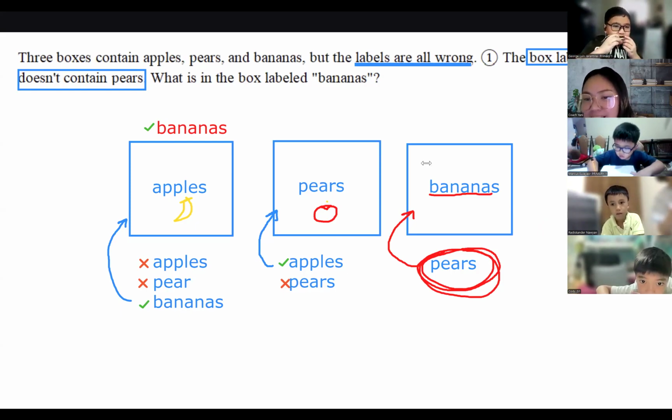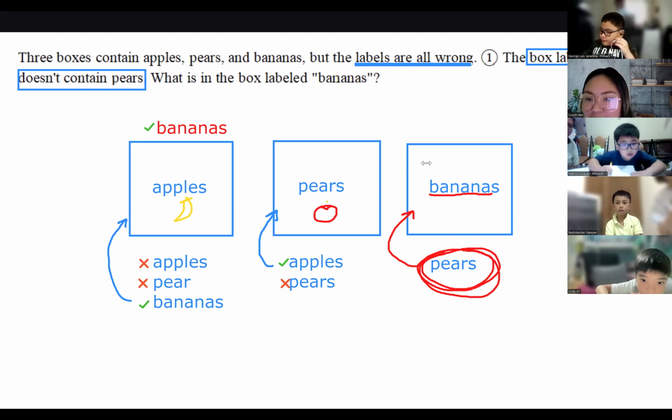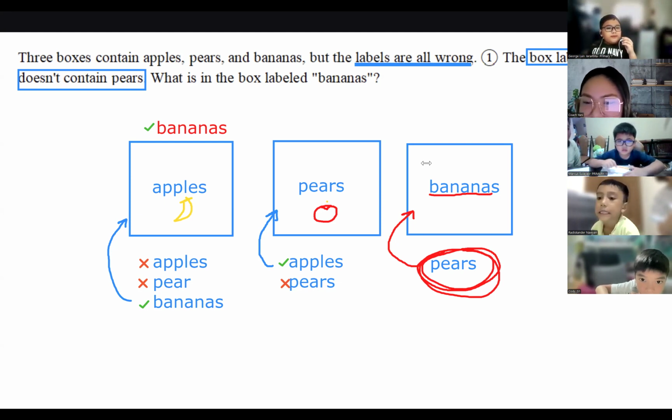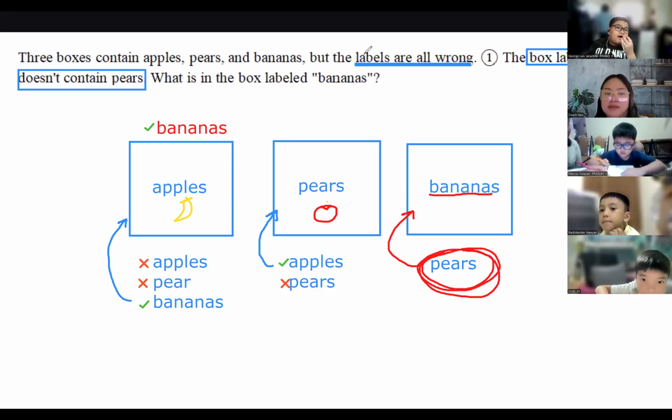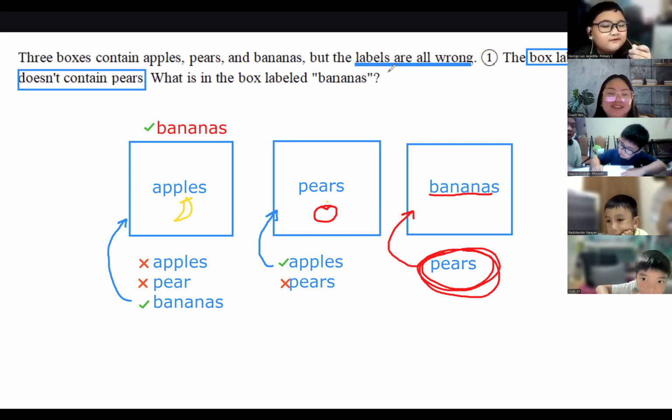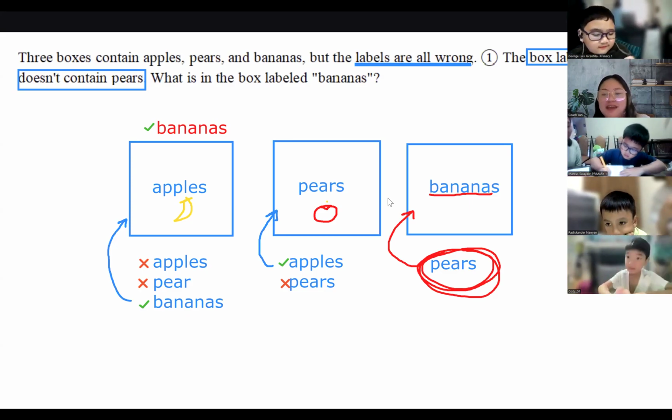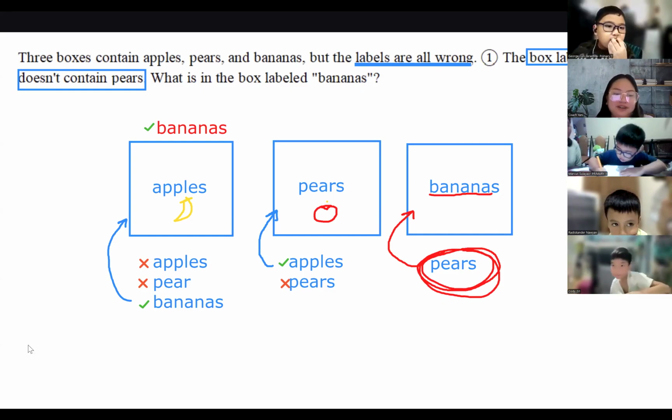Earlier, I was really confused because it said the box labeled apples does not contain pears. Of course, because I was thinking it wouldn't contain pears because it would be apples if it was right. Yeah, but it isn't apples also because the labels are all wrong. You understand this now? Yeah. Okay, very good.